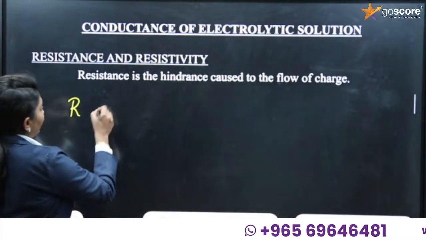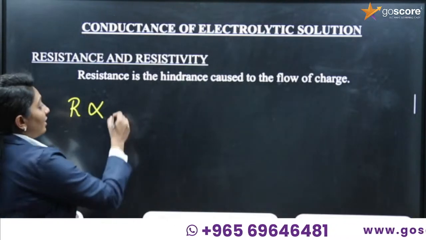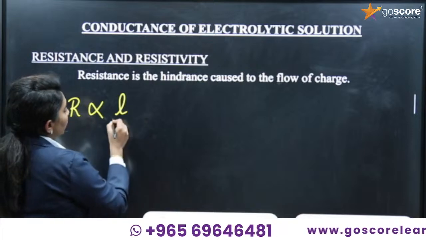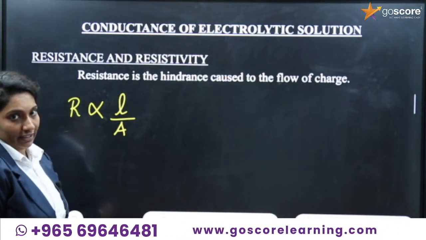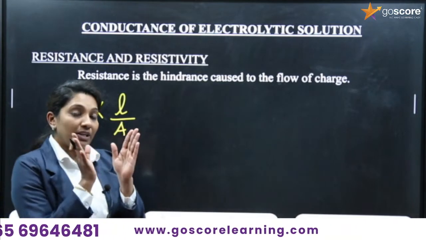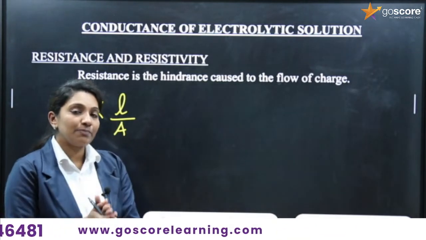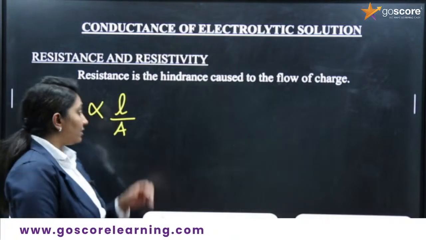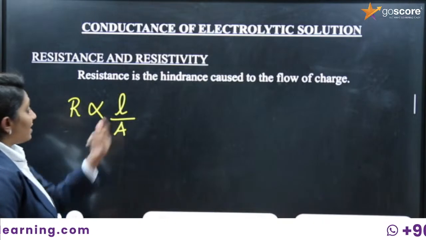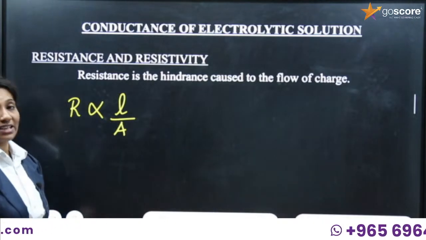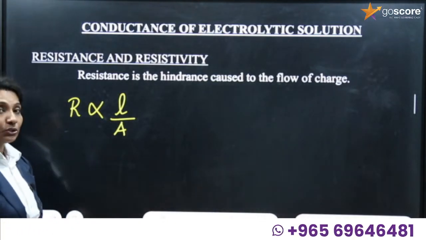Okay, and we clearly know that the resistance is directly proportional to length and inversely proportional to area. So if you are taking an electrolyte where the distance between the electrodes is length L and the area is A, we can say that resistance is directly proportional to length and inversely proportional to area.